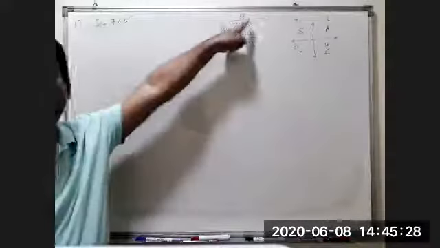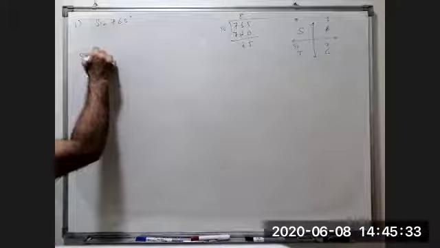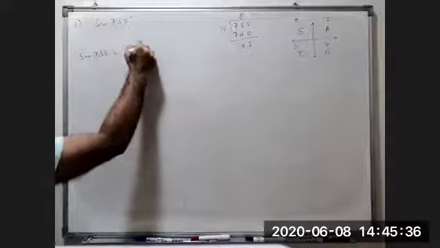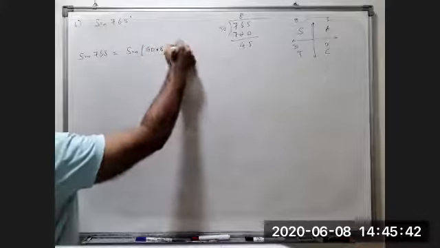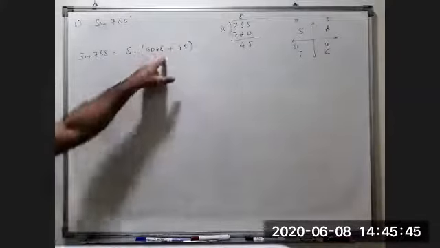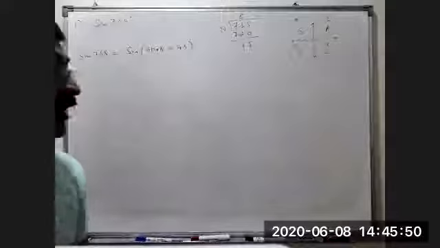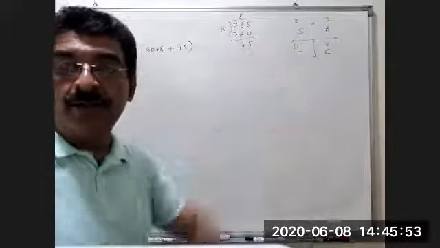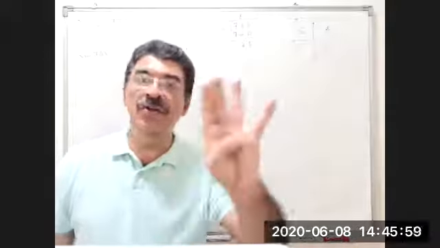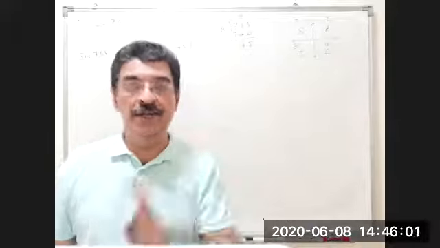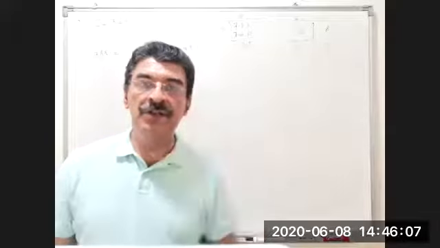So sine 765 can be written as sine of 90 into 8 plus 45, because 90 into 8 is 720, and 720 plus 45 is 765. As we said earlier, the remainder will always be 30, 45 or 60, which are the standard angles. If you are not getting a standard value as the remainder, that means your division went wrong.